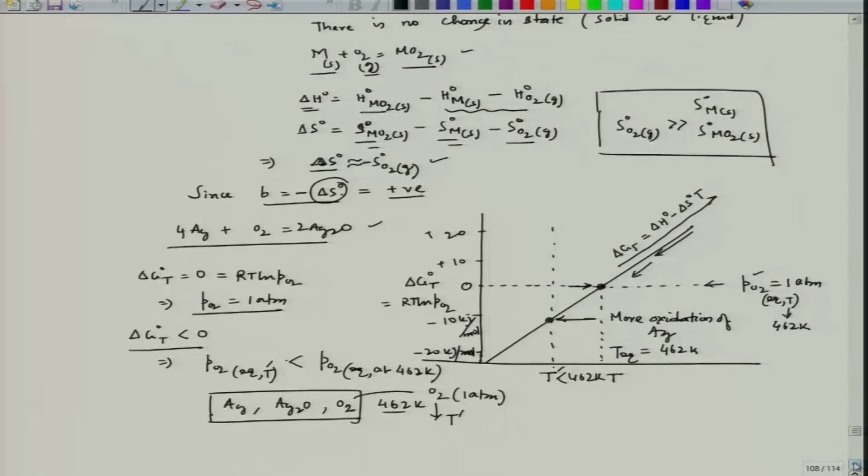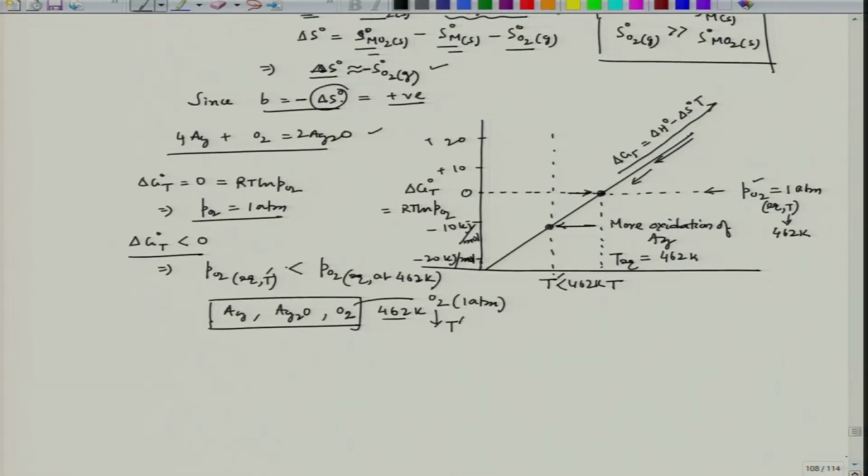Now, similarly, let us say I take a temperature T double prime, this is the point where it reaches equilibrium.